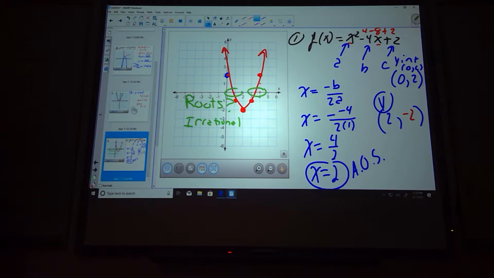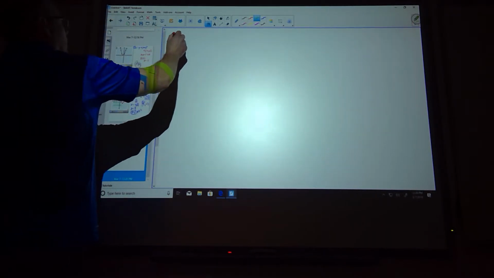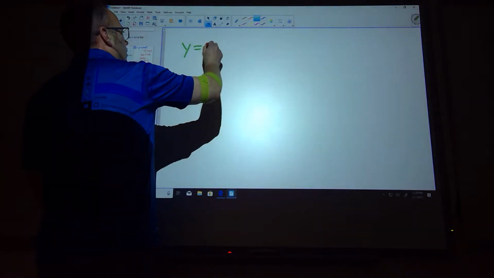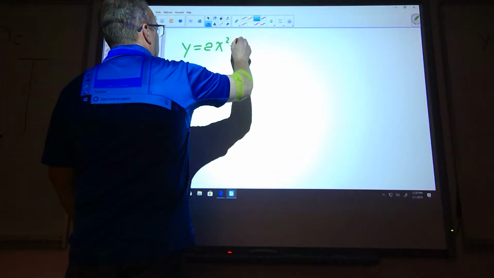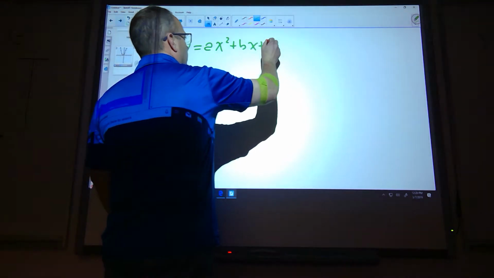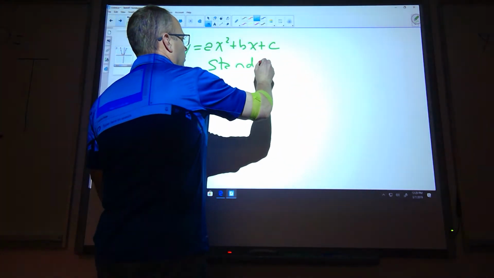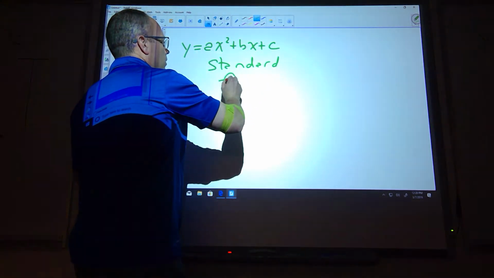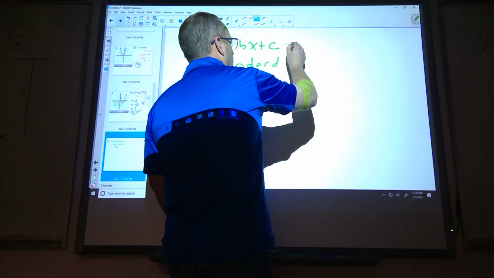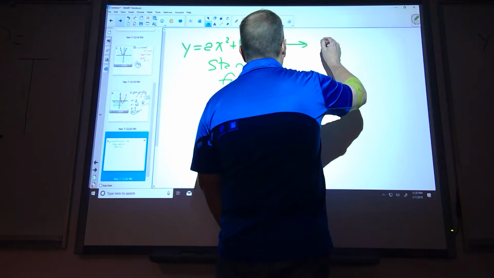And all it really is, you are going to learn how to go from standard form, y equals ax squared plus bx plus c. So you're going to go from this. So that's standard form. And we're going to take it and make it into vertex form.